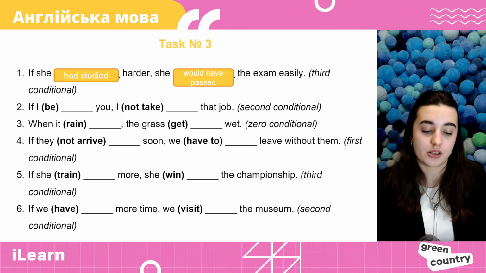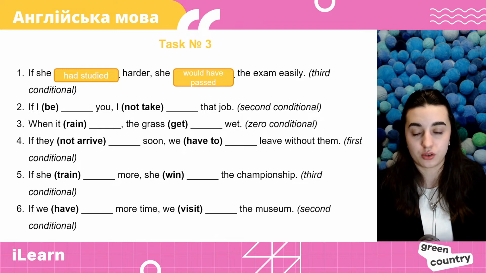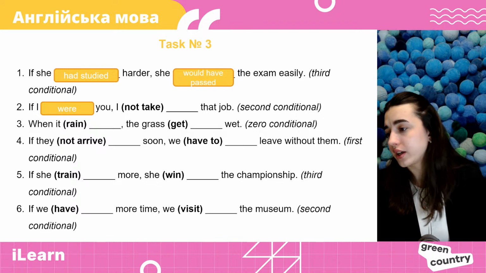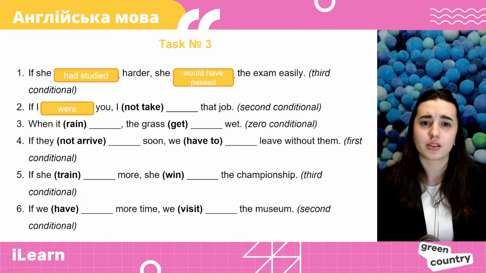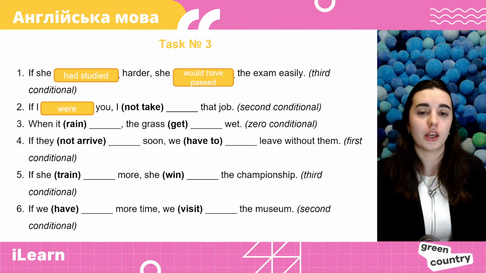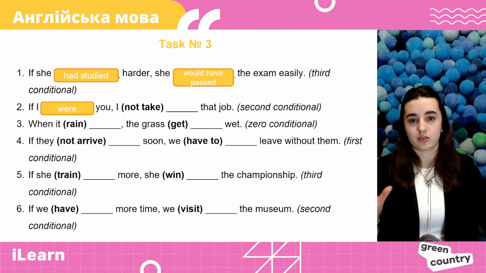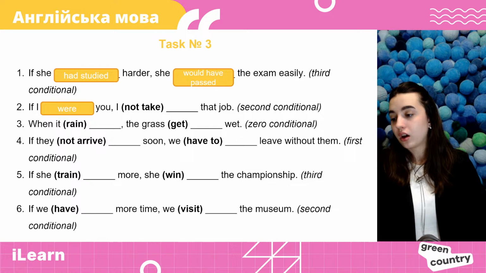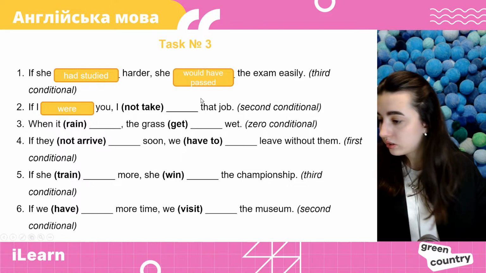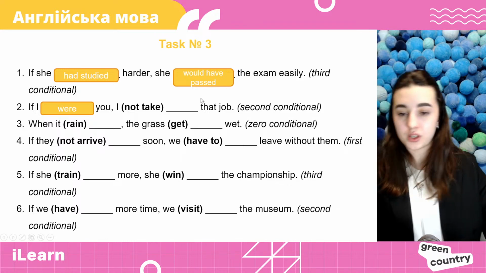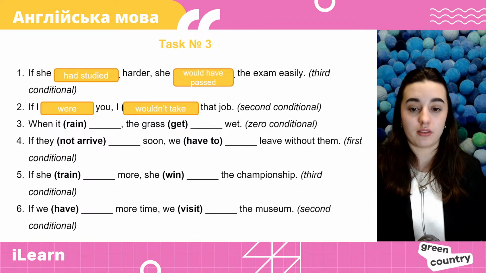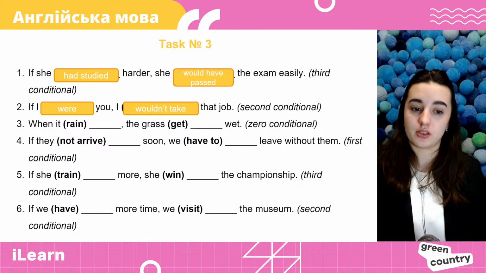Okay, we are starting with number 2. So if I were you, or I can say was, it's okay, but it's more natural to say if I were you in this phrase. But it's okay if you say I was. Then you said, wouldn't take. And that is true. I wouldn't take that job.